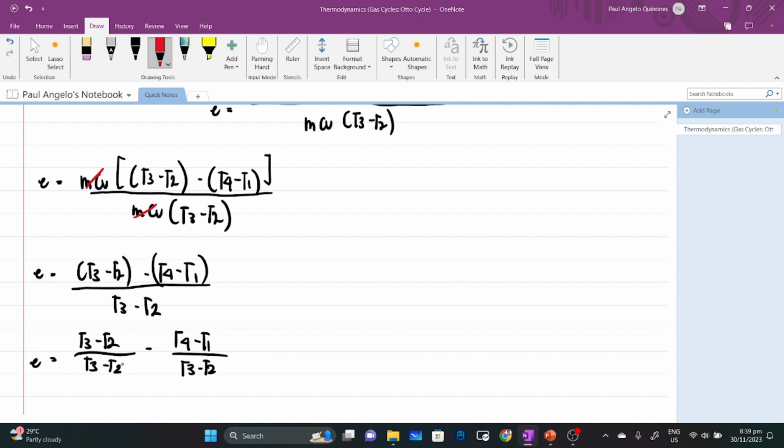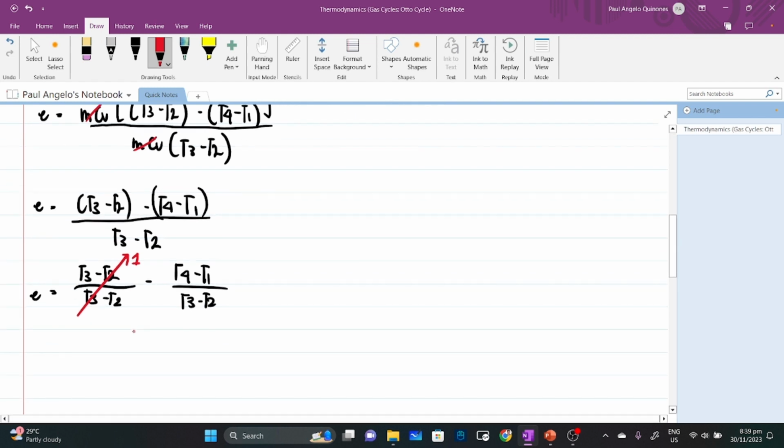Here in this part, we can equate that to 1, because they have the same ratio. Leaving us with the efficiency is equal to 1 minus T4 minus T1 over T3 minus T2. Let's write this down as equation number 1.